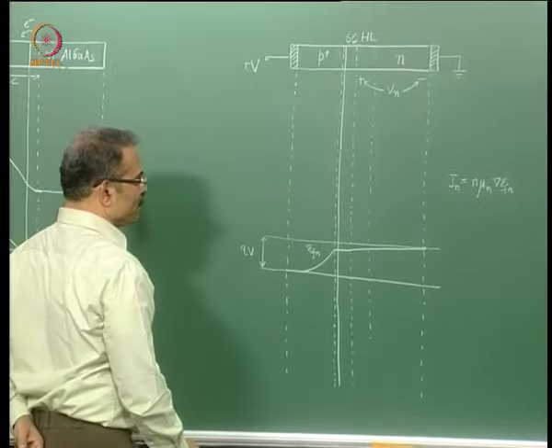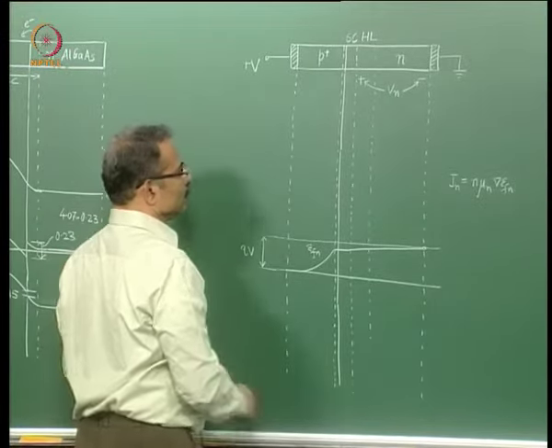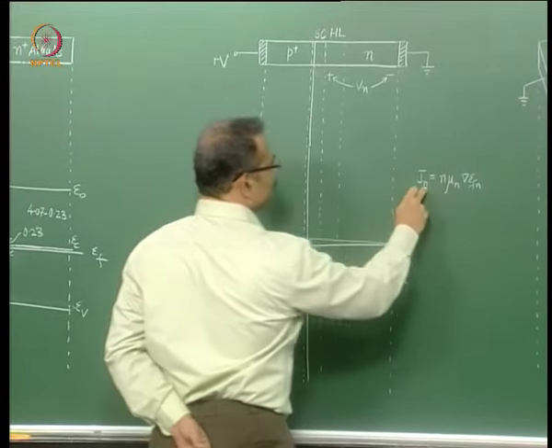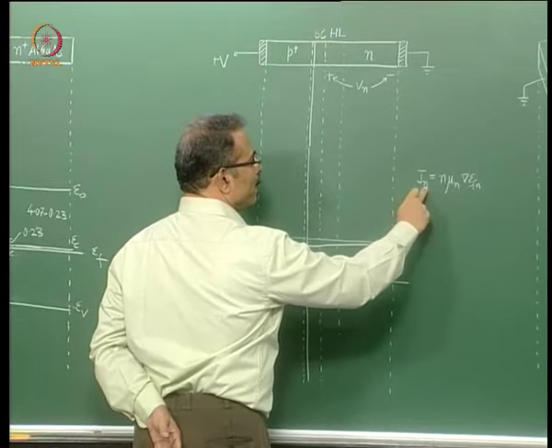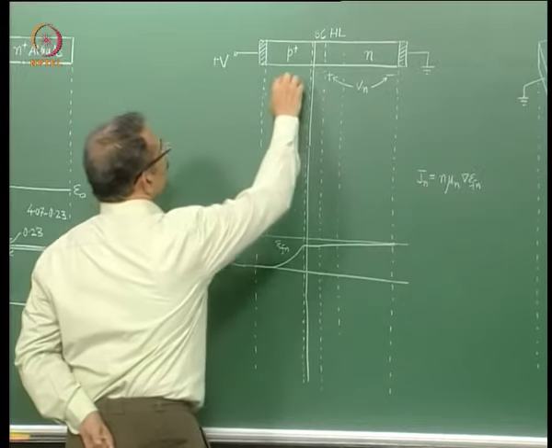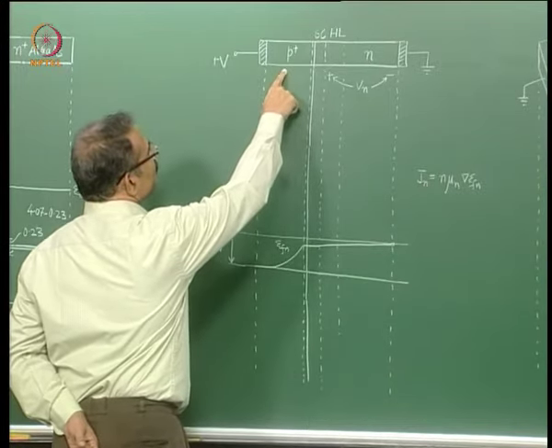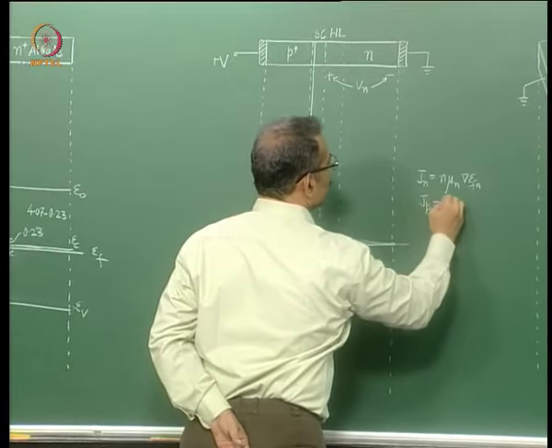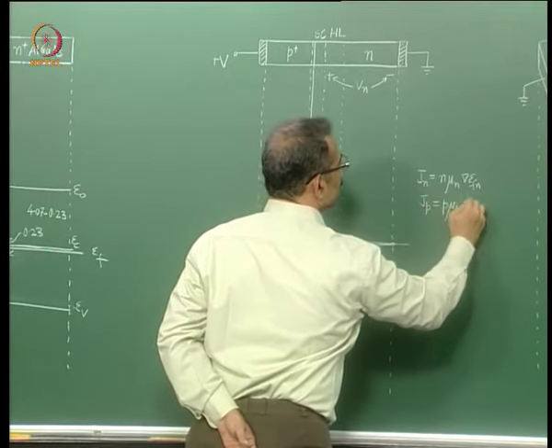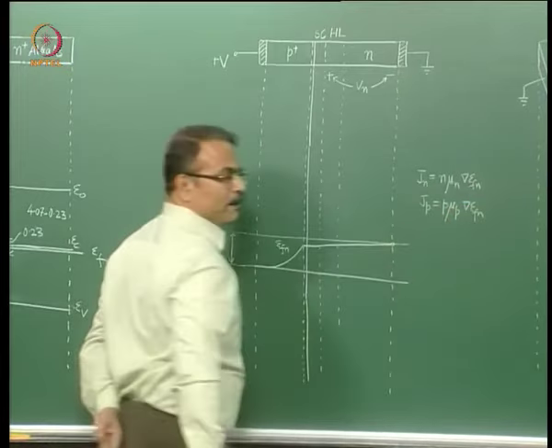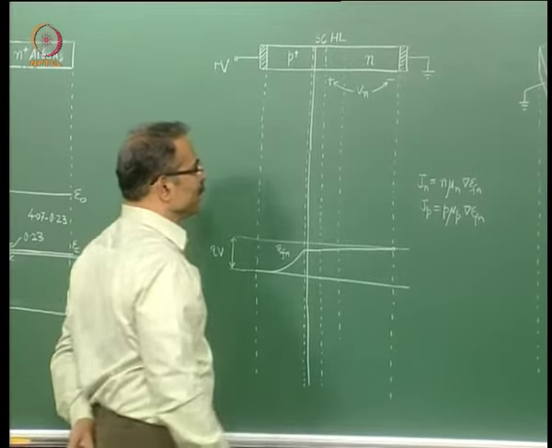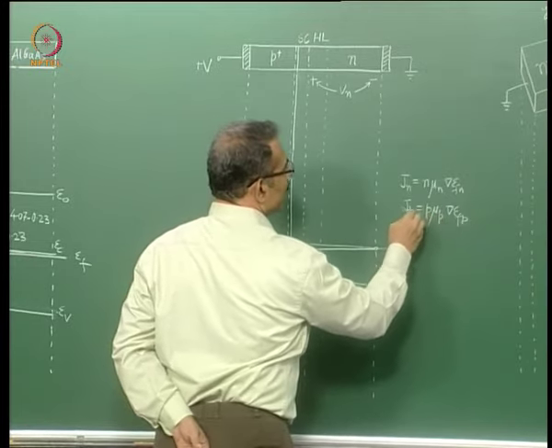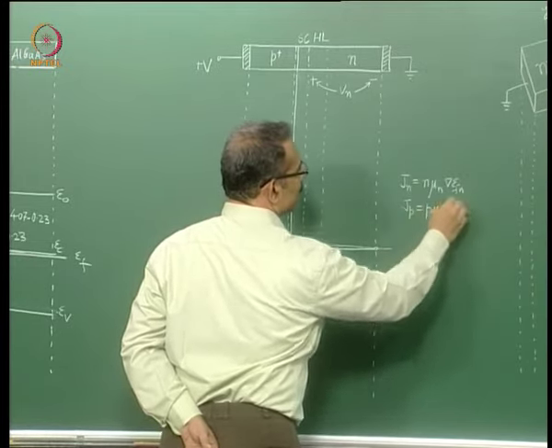Now let us draw EFP. You again use a formula like this, except that n is replaced by p. Since the doping here is very heavy, the hole concentration is high, so if I write the formula Jp equal to p mu p gradient of EFP, since p is high, even for high Jp the gradient of EFP is small.